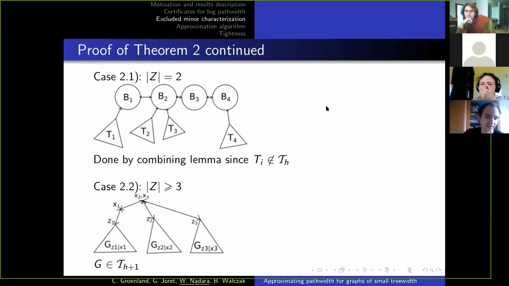Let's consider the second case, where the subtree induced by these edges directed in both ways is more complicated. It's not a path. In that case, it has at least 3 leaves, and we look at these three leaves Z1, Z2, and Z3, and they have big subgraphs G_Z1_X1, and so on.